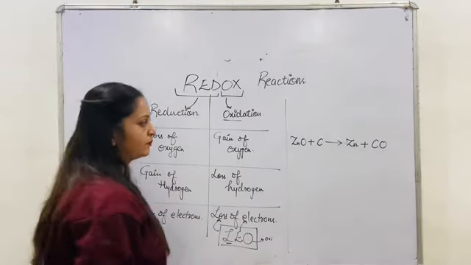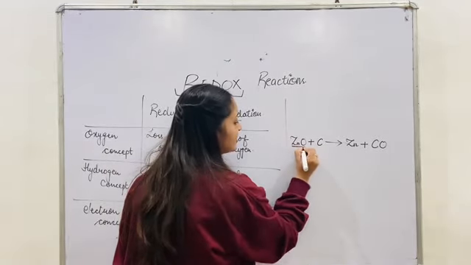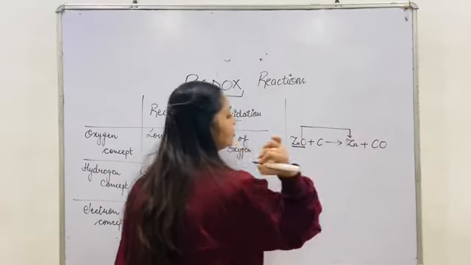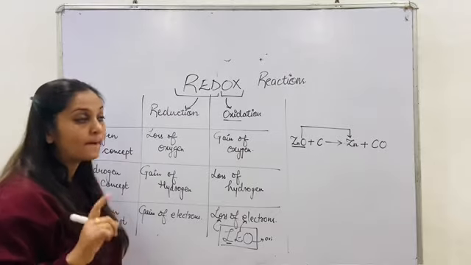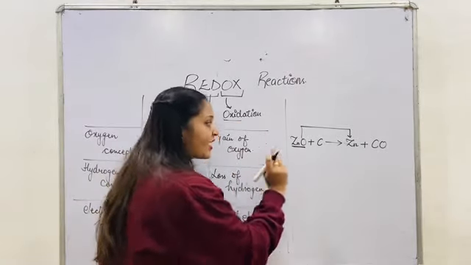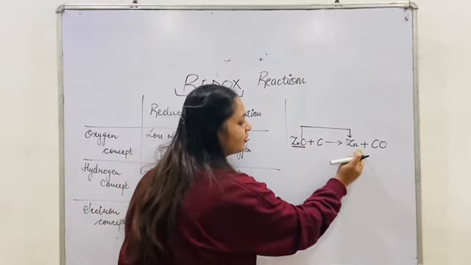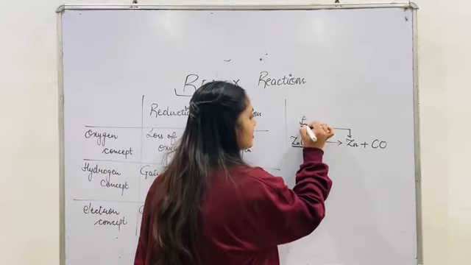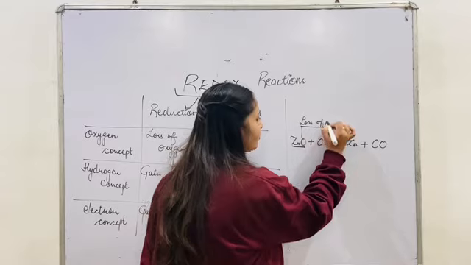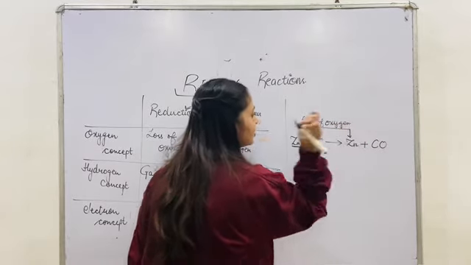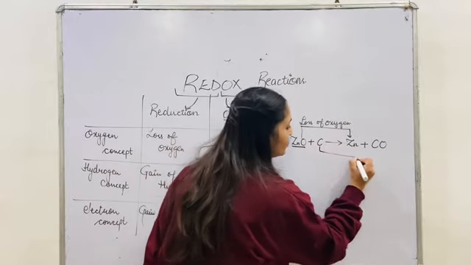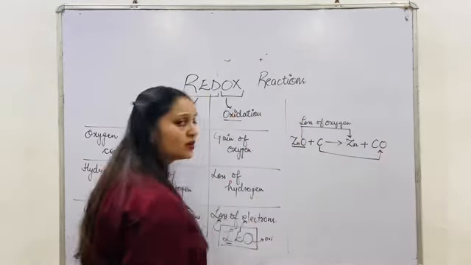Now look carefully. Before the reaction, it is zinc oxide, and after the reaction, we have zinc. Meaning before the reaction there is oxygen, but after the reaction there is no oxygen with zinc. Meaning there is loss of oxygen. And here we have carbon on the reactant side, while on the product side we have carbon monoxide.